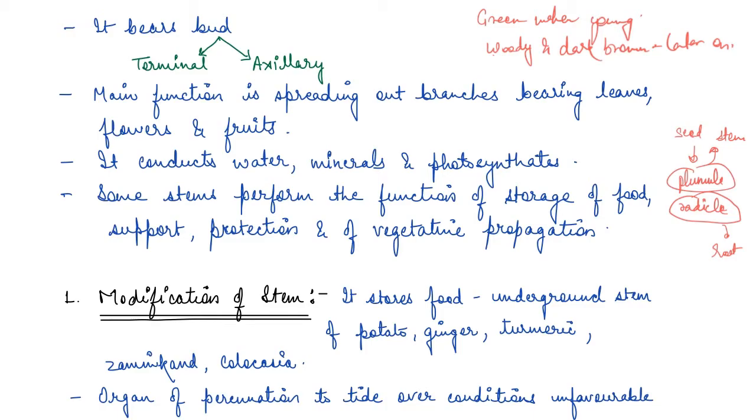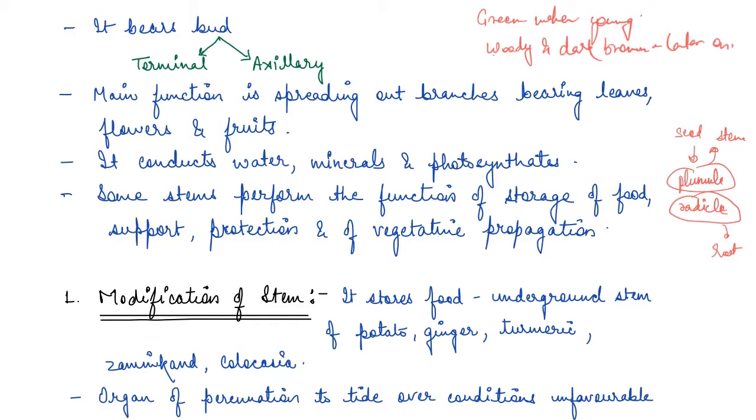In the same way, the stem as well performs the function of storage of food. It provides support, it provides protection, and it also helps in vegetative propagation, which is a form of reproduction, right?